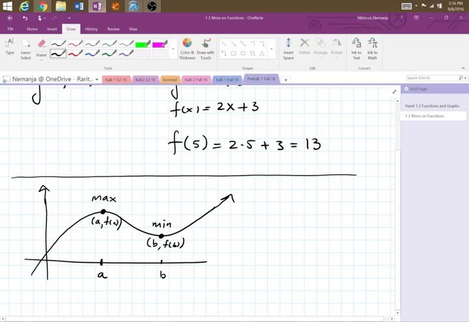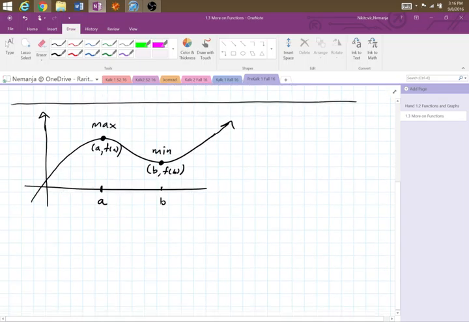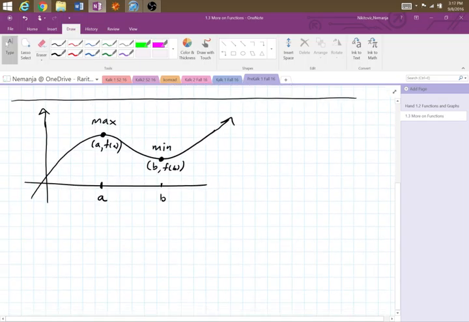Now what I am interested in with this graph are the concepts of increasing and decreasing as a function. Because we read from left to right, as we observe the graph from left to right, you see that as you go from negative infinity on the x-axis all the way to a, so we are technically looking at this part of the x-axis, the function is increasing on that interval.